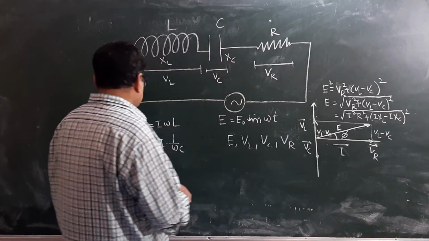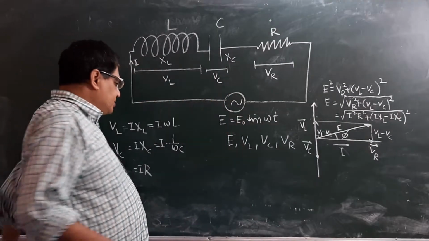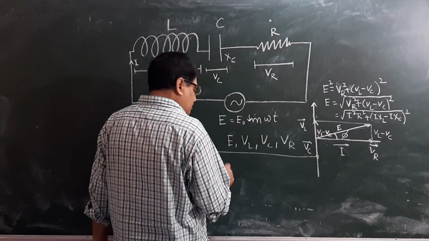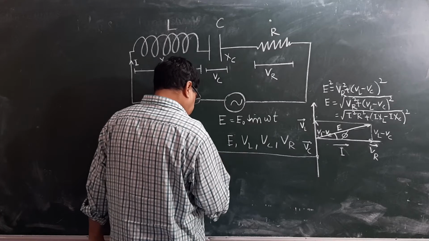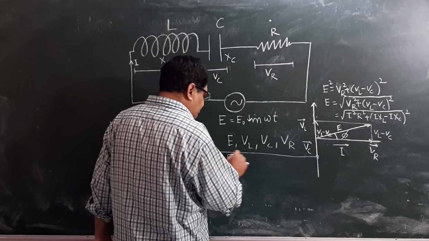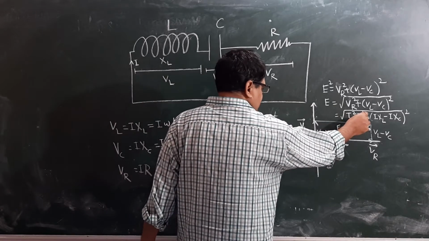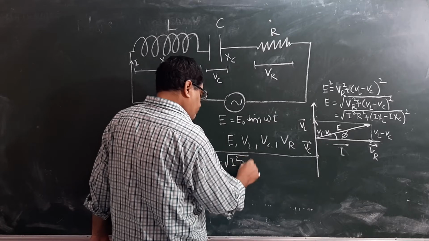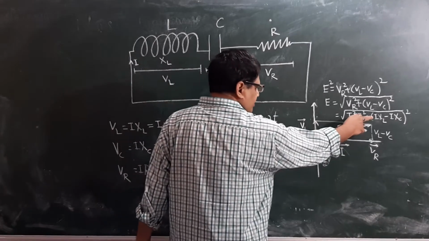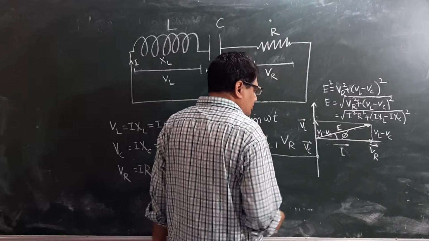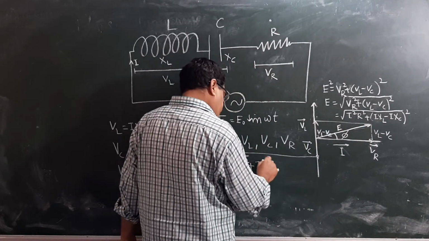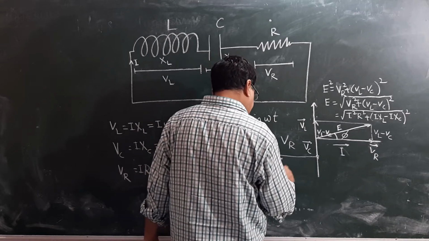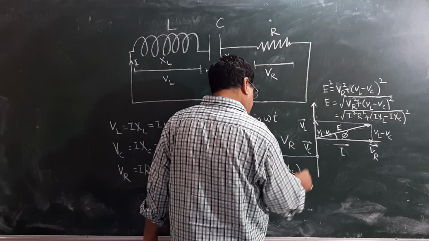So this expression can be simplified. We can write E is equal to square root of I square R square plus, here we can take I as common, and if it comes out of the bracket we will get I square multiplied by XL minus XC whole square.